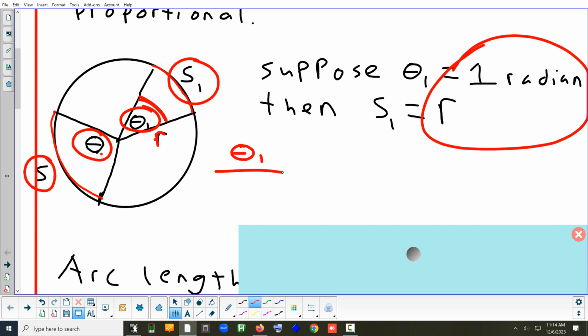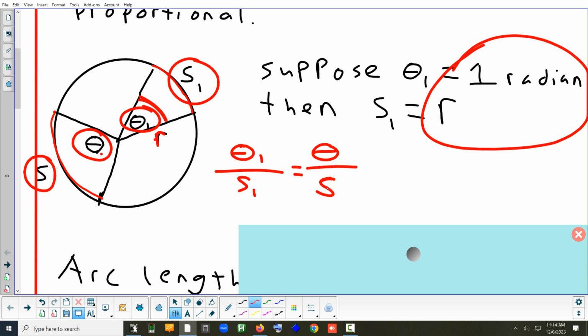Oh, well, I was going to say theta 1 over S1 equals 1 over R. But I guess theta 1 over S1 equals theta over S. Yes. You can set that proportion up lots of different ways, as long as you're consistent. If you put theta on the top on the left, just make sure you put it on the top on the right. The important thing is the diagonals. Theta 1 and S should be on the same diagonal, and so should S1 and theta.